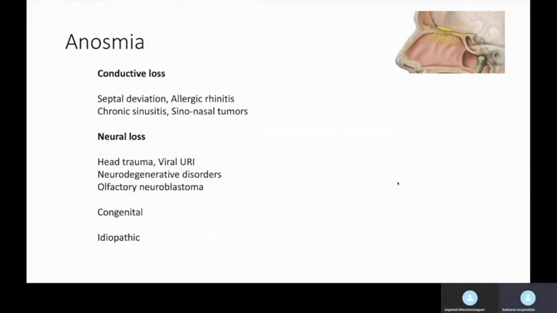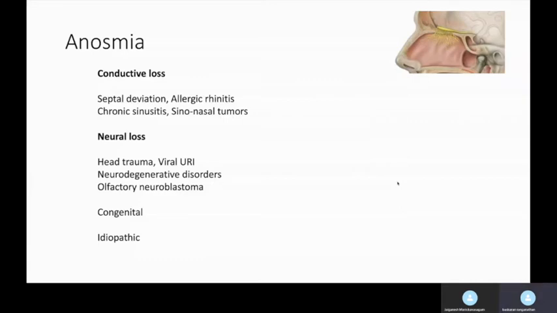The conductive loss is mainly because of an anatomical abnormality, like a significant septal deviation, or an infective or inflammatory pathology like allergic rhinitis, chronic rhinosinusitis, or a nasal tumor which can obstruct the nasal airflow as well. So that's a conductive loss.